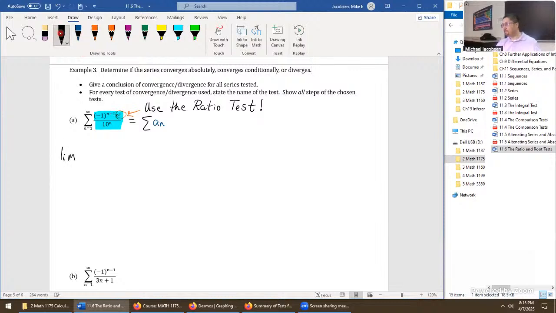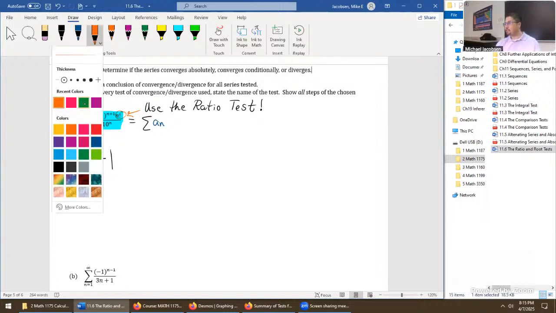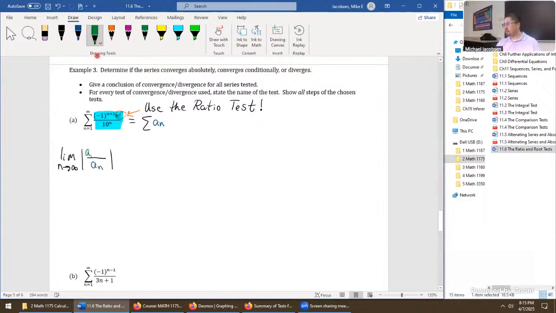We'll be running limit n off to infinity. And we've got the denominator already. An goes down there. I mean, we know what it is. We have to write it in. Numerator of that is going to be an plus 1. So we get an plus 1 in this way. Considering the nth term here by the red dot, the successor to that term, an plus 1, is we go -1. It's n plus 1 already, so that's n plus 2.